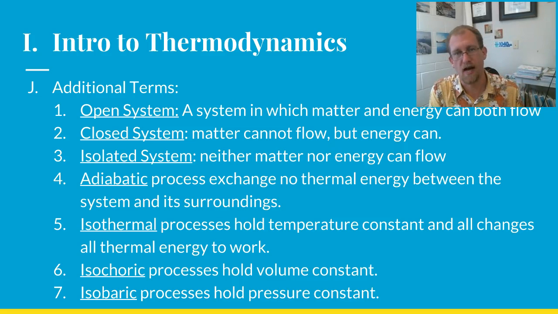So like if you're watching an ice cube melt on a table, matter and energy can enter and exit your system. The energy, obviously, from the room is coming in and heating up the ice and giving it the energy to melt. And so energy is entering your system, and then as the water melts, it might run off the edge of the table and go away. So that system does not contain matter or energy. Energy and matter can come and go from it.